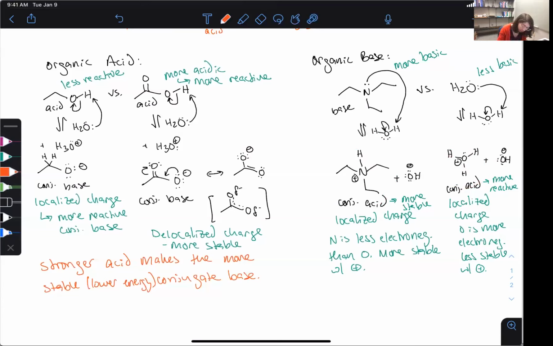Okay, so just like in the acid case, the stronger base makes the more stable conjugate acid. And again, we're going to think about this as lower energy.